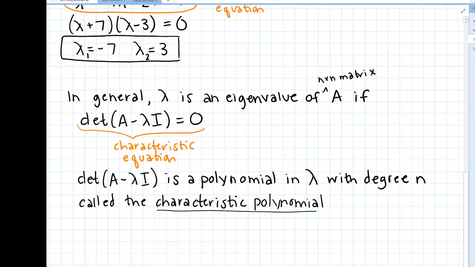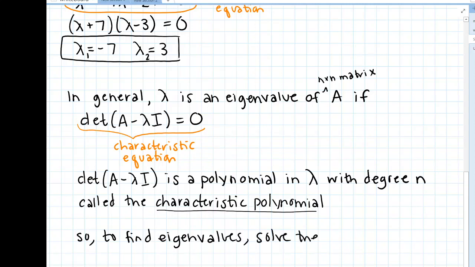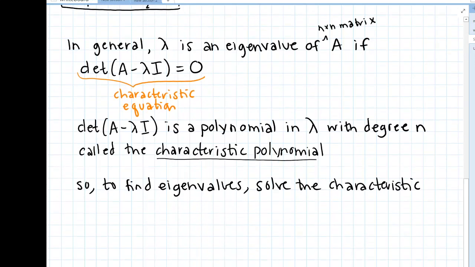Okay. So just to summarize the approach to find eigenvalues: you want to solve the characteristic equation, determinant of A minus lambda I is equal to 0.